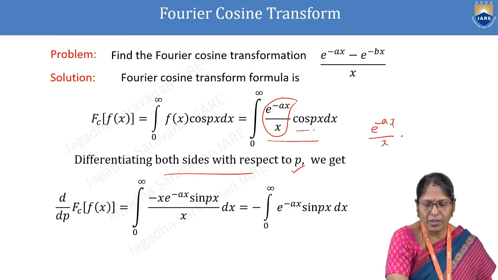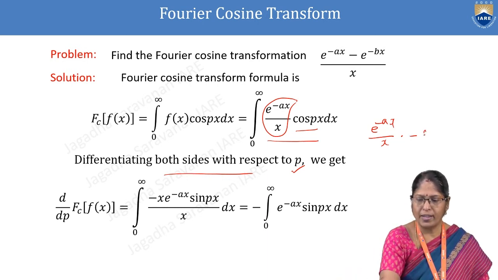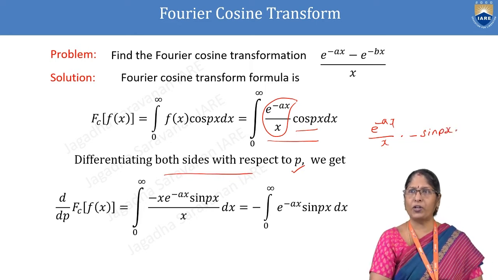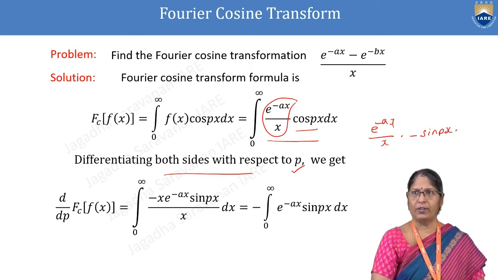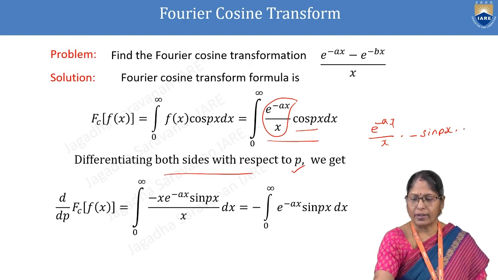Whereas here, cos px is there. Cos differentiation is minus sine, so minus sine px. Again with respect to p we should do it. Total is px, p we are differentiating, and the left over is the coefficient x.